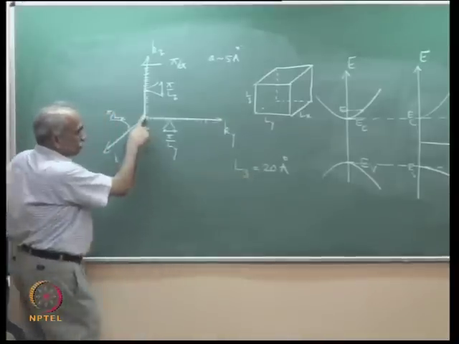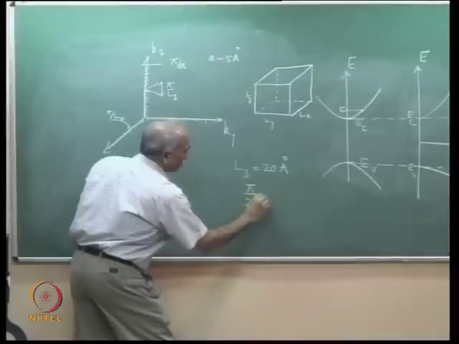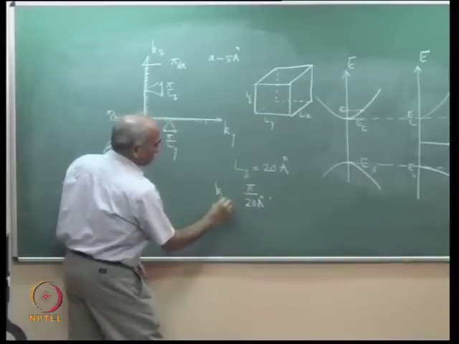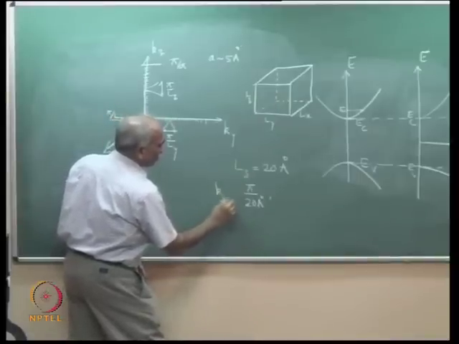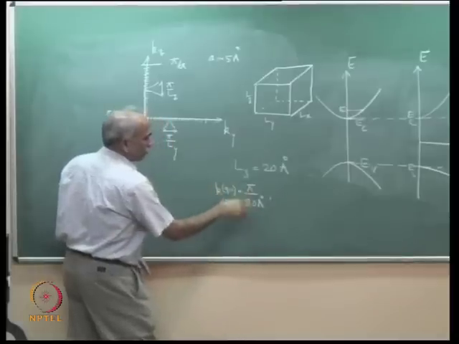What will happen? So the first point will be pi divided by 20 angstrom. This is Kx, Kz, the first point, Kz with Q equal to 1. So Kz with Q equal to 1, I have pi by Lz.